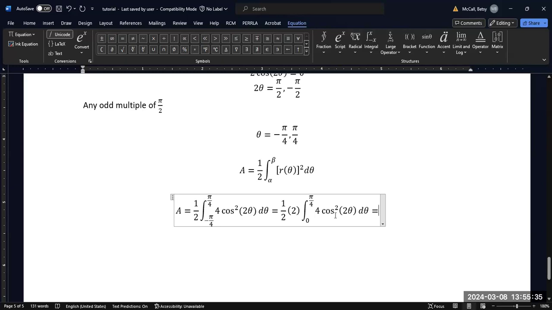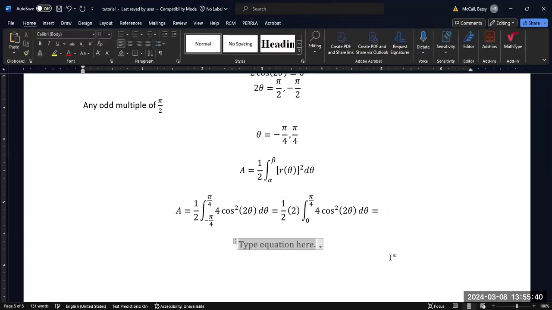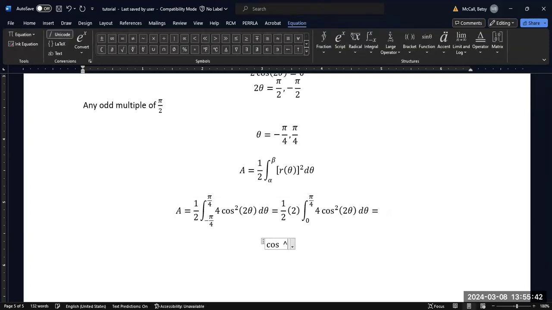Now, this is a squared cosine, and so I need to use my power reducing identity in order to actually be able to integrate this. Cosine squared is equal to 1/2 times 1 plus cosine 2 theta. Now, I already have a 2 theta, so this is telling me I need to double my angle.